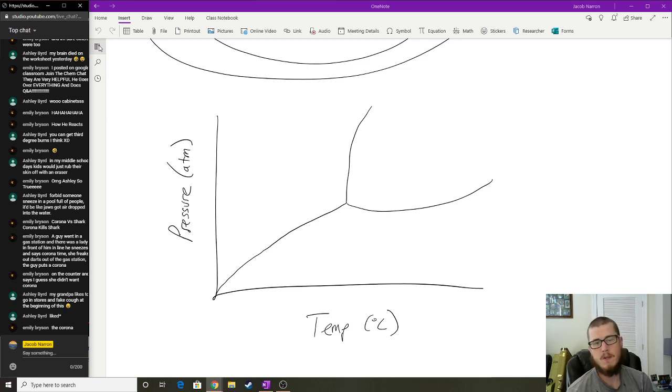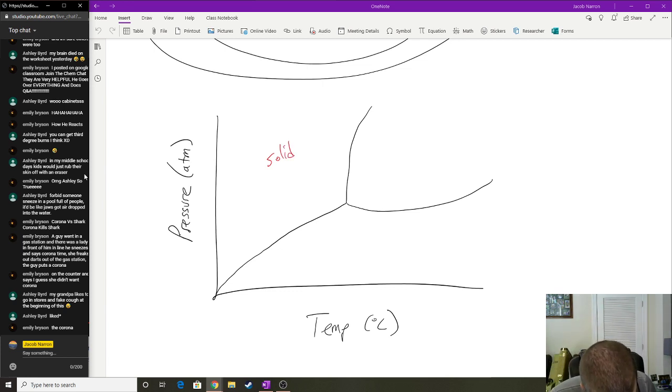Here's the thing. When you are over in the top left, that's going to be solid. So over here is going to be all the solid. In fact, I need a new pen.